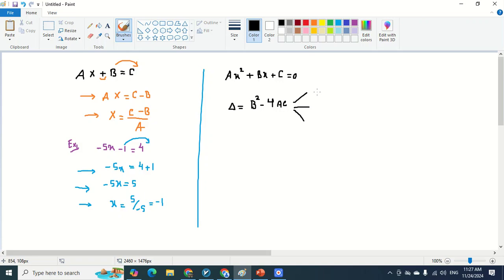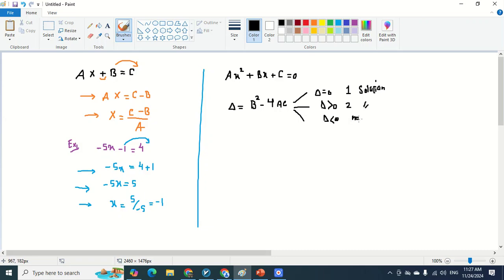If delta is equal to 0, then we have only one solution. That equation has one solution. If delta is greater than 0, then that type of quadratic equation has two solutions. And if delta is negative, there is no real solution for that type of quadratic equation.